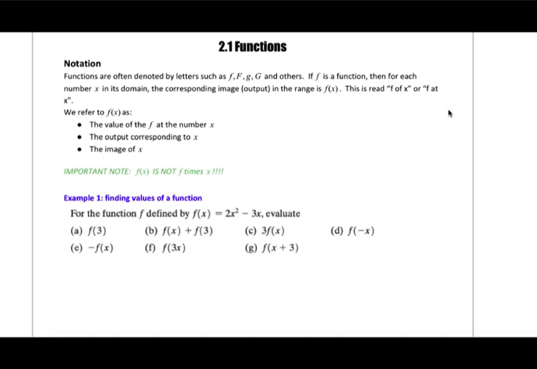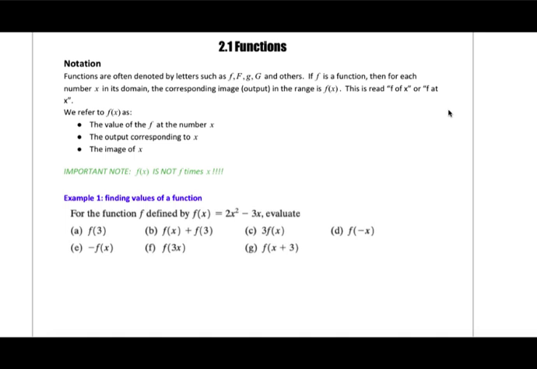Sometimes when we're talking about f of x, that's the value of f at the number x. So f of 3 is the value of f at 3. Or we call it the output corresponding to x, or we refer to it as the image of x, which we did previously.